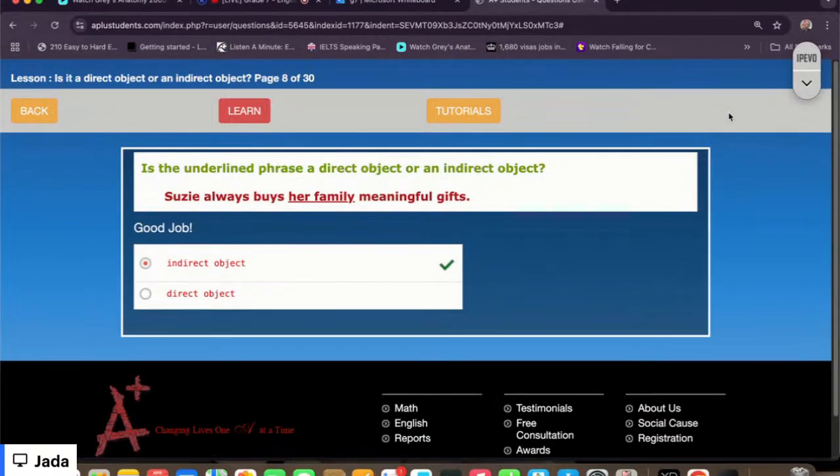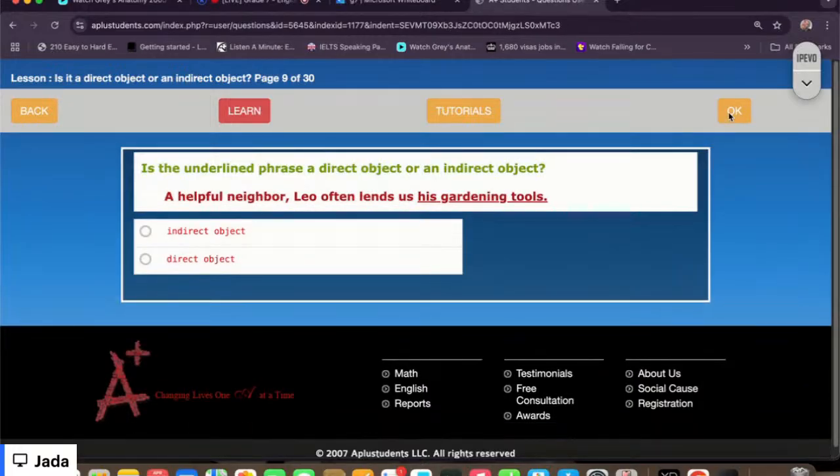So we have indirect here. A helpful neighbor, Leo often lends us his gardening tools. Indirect or direct? What do you think?